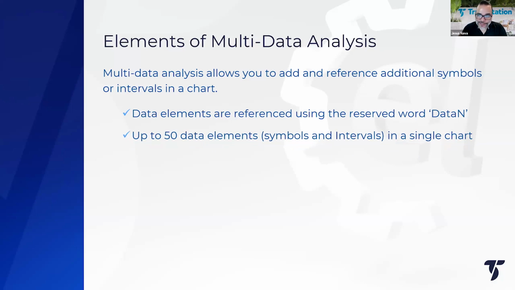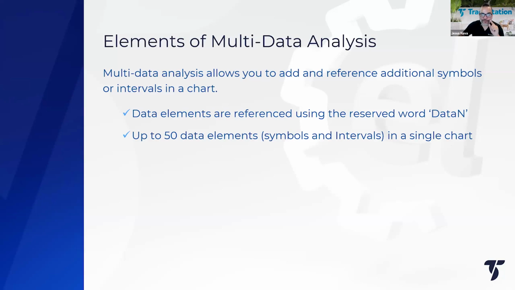Data elements are referenced using the reserved word Data n. You can add up to 50 data elements. So what that means is that Data1, the number one, would be the first symbol you add to the chart. And then from there, every symbol that you insert into the same chart will just take on a sequential number: Data2, Data3, Data4, and so forth.